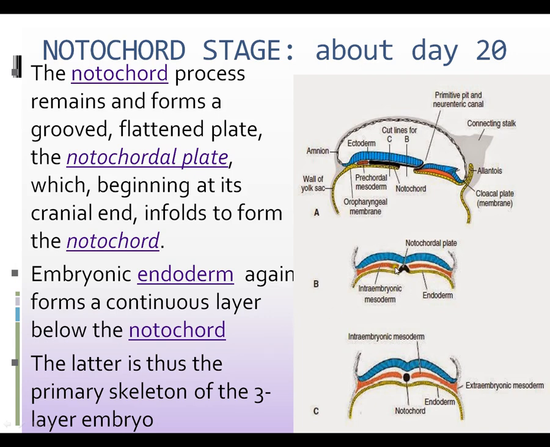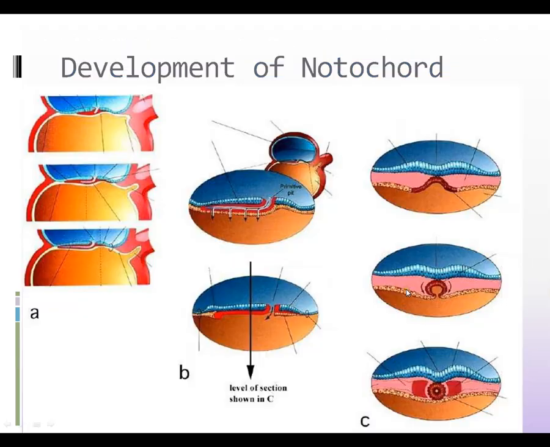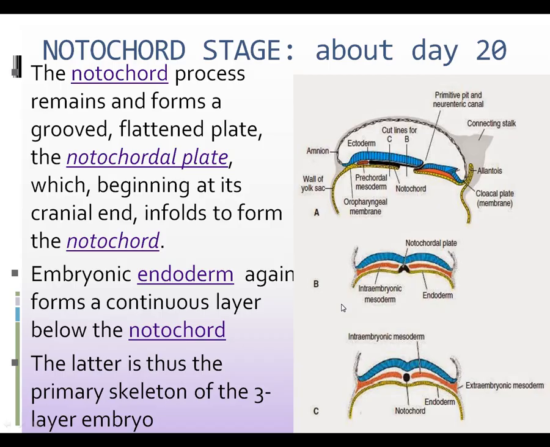And the mesoderm can then differentiate into three distinct regions: the paraxial mesoderm near the notochord, the intermediate mesoderm, and the more distal part of the mesoderm, the lateral plate of the mesoderm, which gets differentiated.